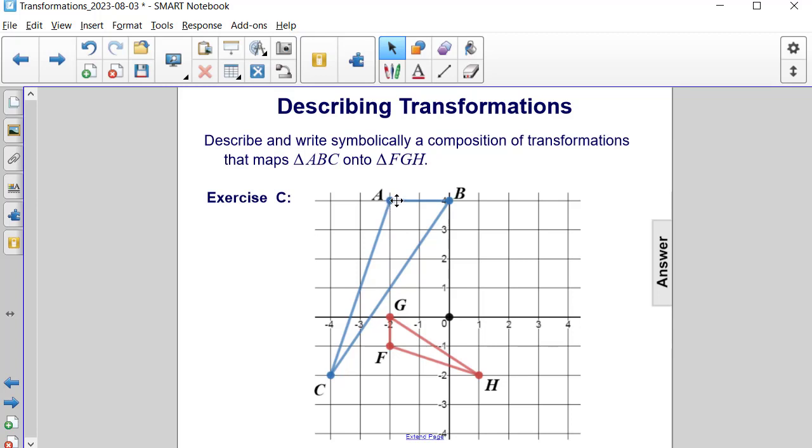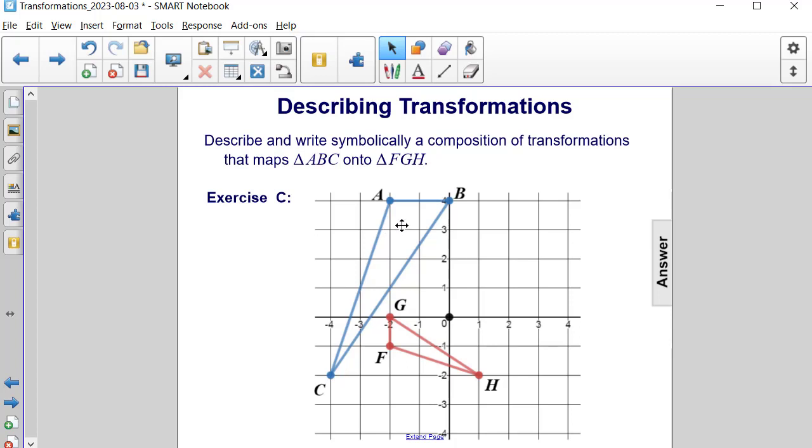First thing that we can notice is that when we're naming our two triangles, triangle ABC and triangle FGH, we're traveling around each shape in a clockwise manner. That means that because the orientation is different, but the order and the direction in which we are naming the vertices in our triangles are the same, this has to be a rotation.